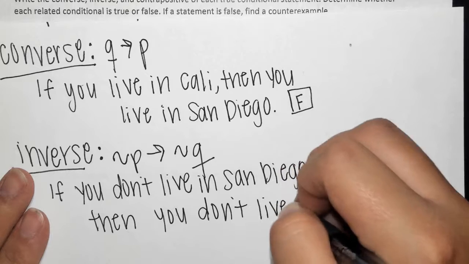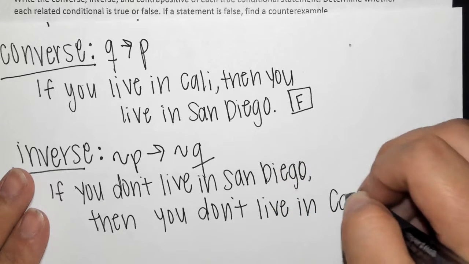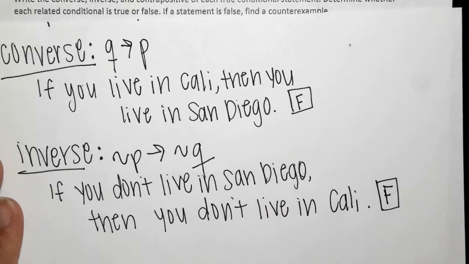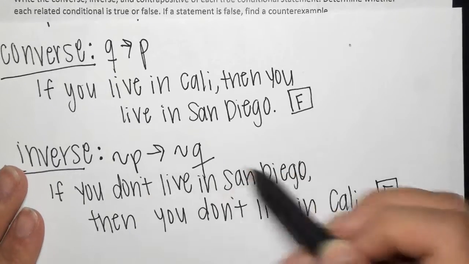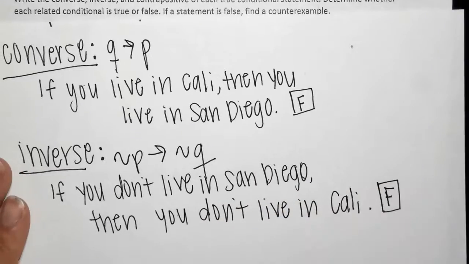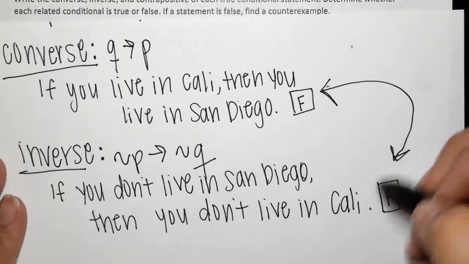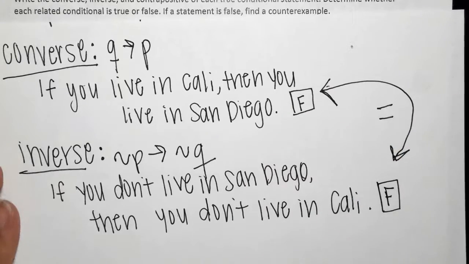Good. That is false, because you don't have to live in San Diego. You can live other places. Also, I know it's false, because if my converse is false, my inverse is always false, because they're always the same.